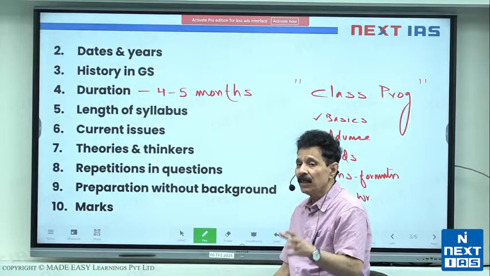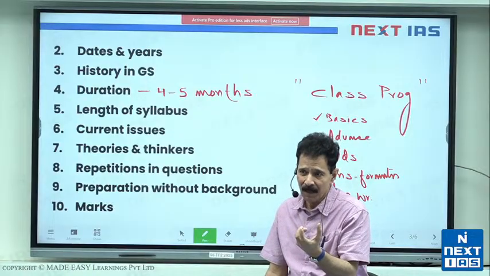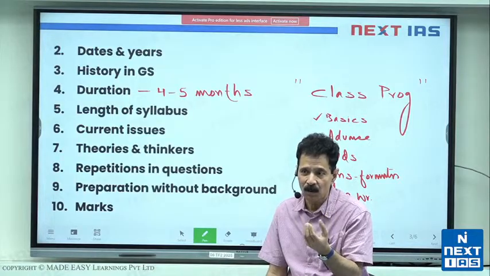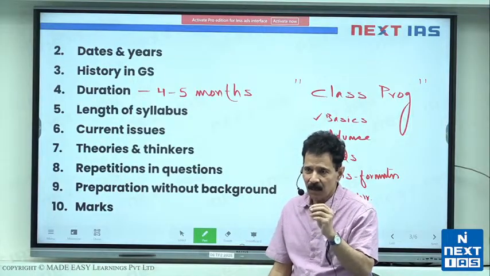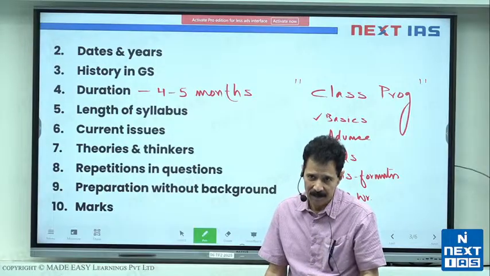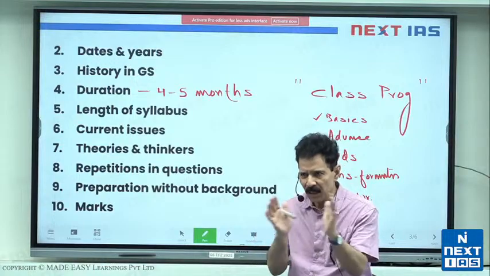But in history, there is one big advantage. There is also a secret. I mean, and I can say, a highly strategic aspect of preparation. Many are not aware. In history, one thing that is very, very important, that is not applicable to any other subject, is that in history, so many things are mentioned.